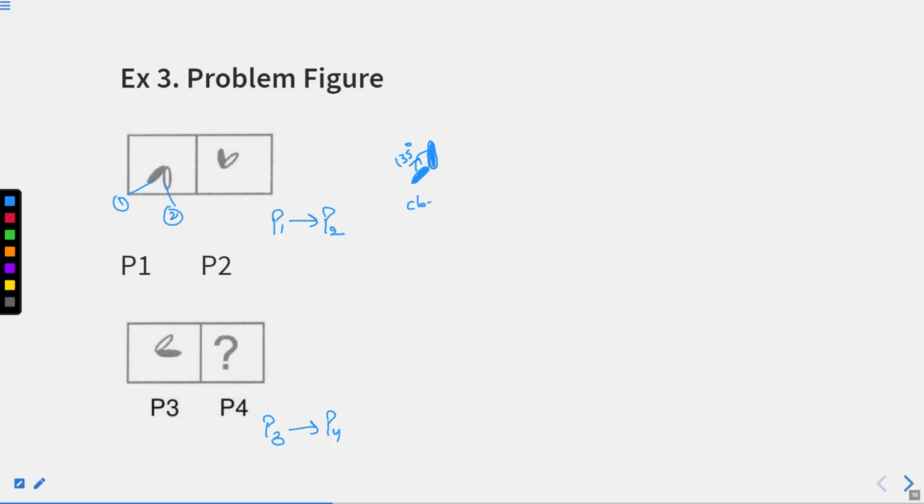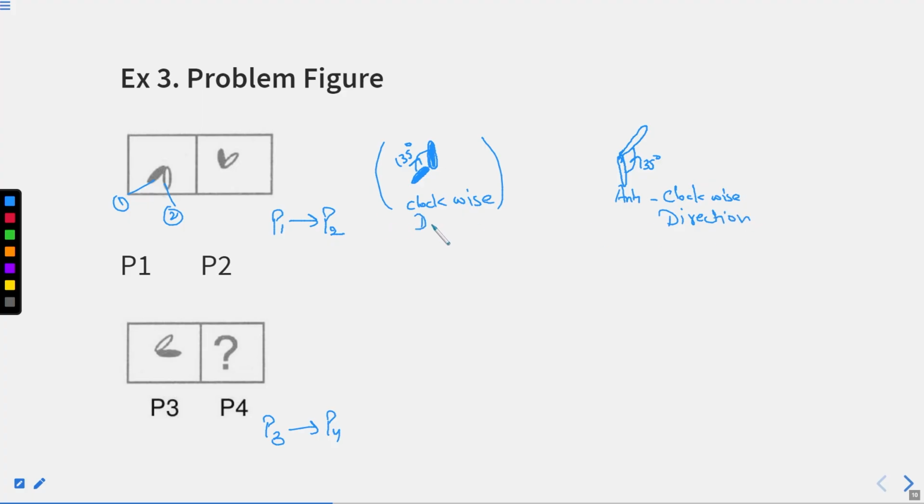Clockwise. This is the first observation that we got. Second is, the unshaded part is initially like this, then it becomes like this. Again a 135 degree turn, but this time in the anti-clockwise direction, right?